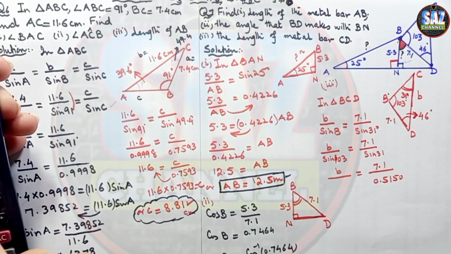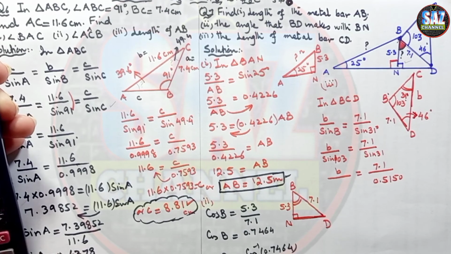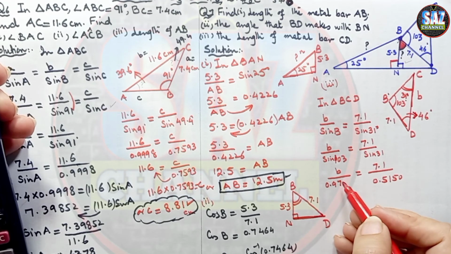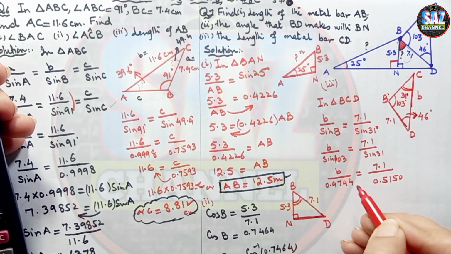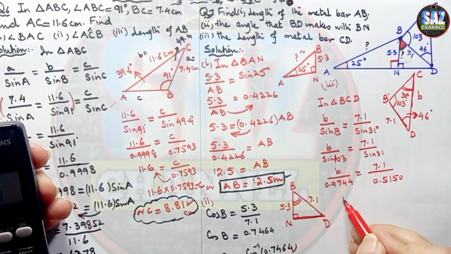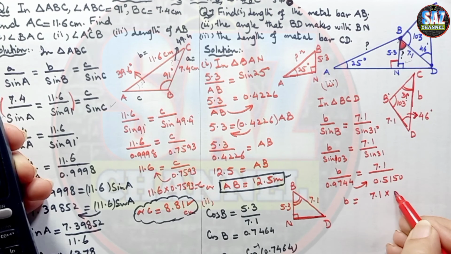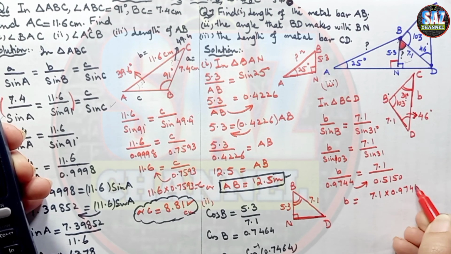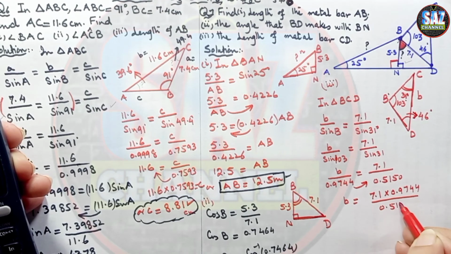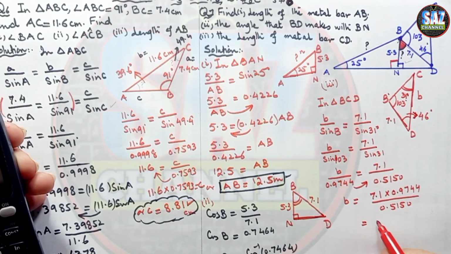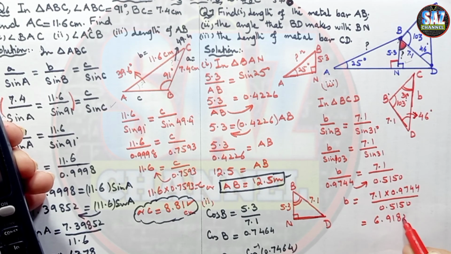Sine 103 degrees gives me 0.9744, and now in order to get b, I have to shift this denominator to the other side, and the equation will take the form 7.1 multiplied by 0.9744 upon 0.5150. 7.1 multiplied by 0.9744 gives me 6.91824 upon 0.5150.